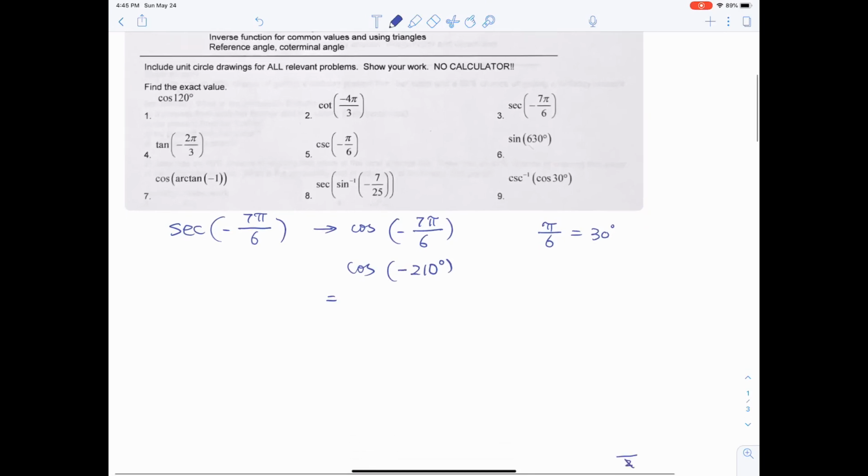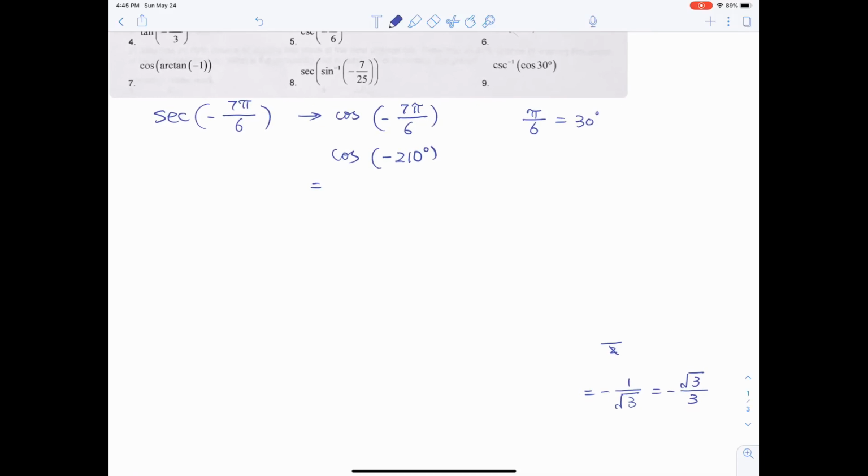Now we go to draw the picture. Negative 120 and 30 more, and 30 more. So this is it.